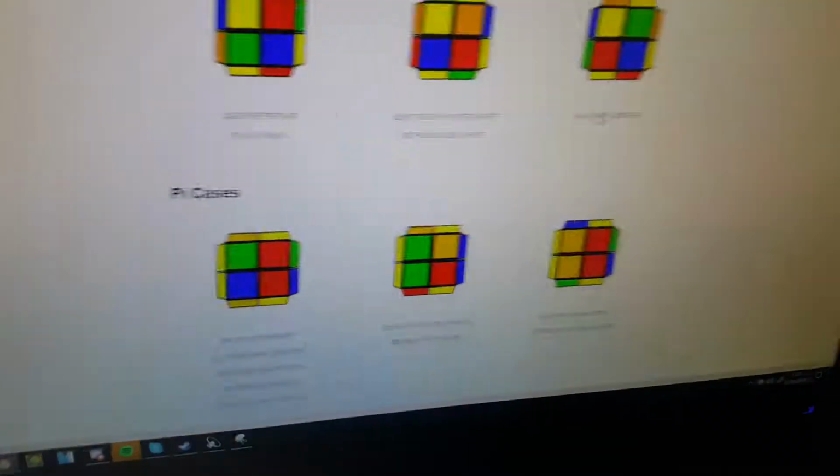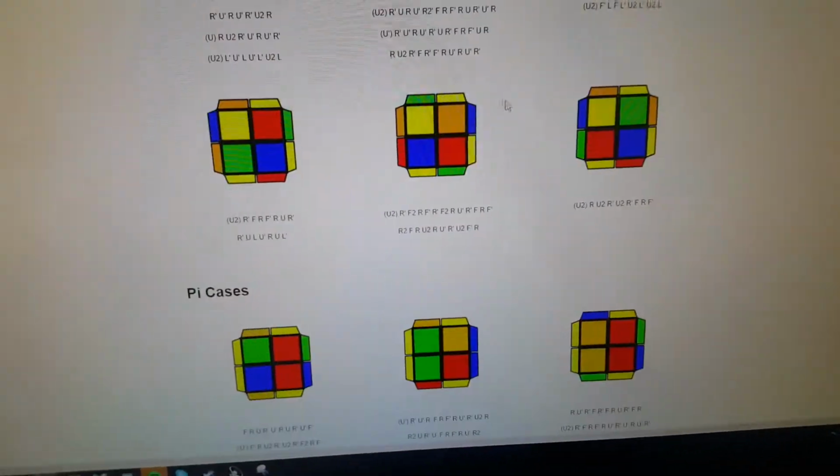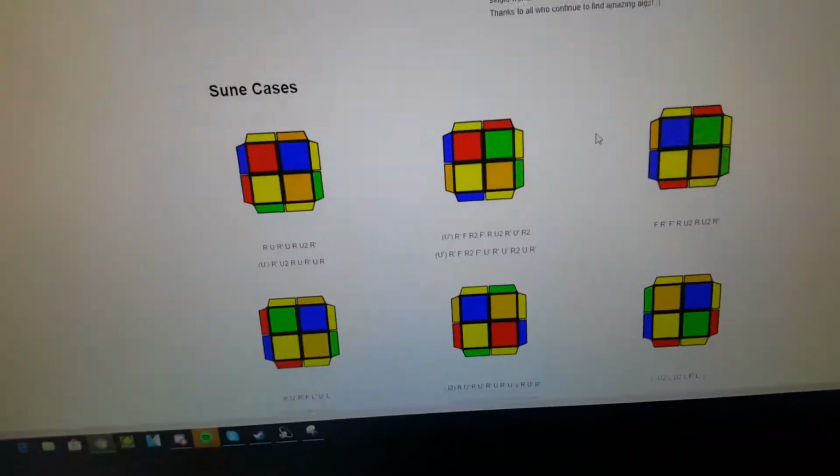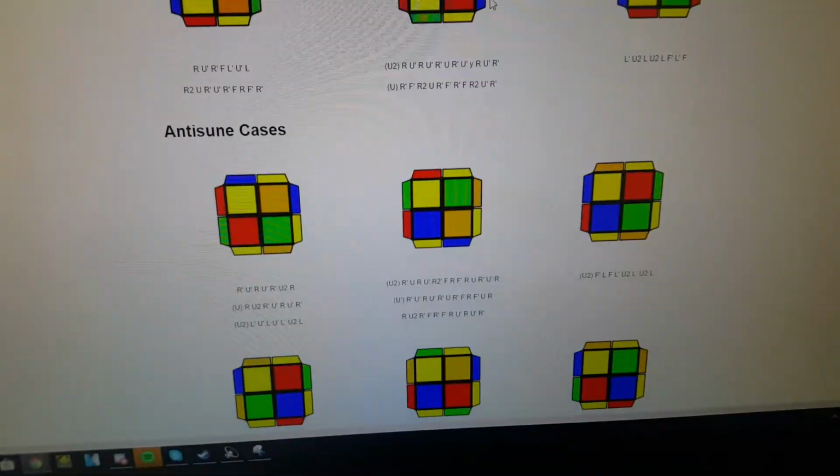But these are the algorithms I used. So this is all of them. It looks daunting. It's not that bad, but these algorithms you do last.